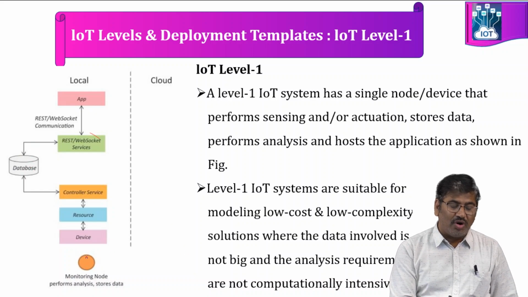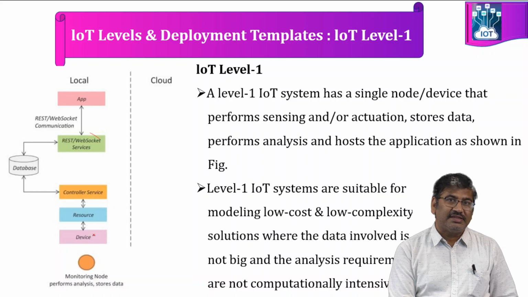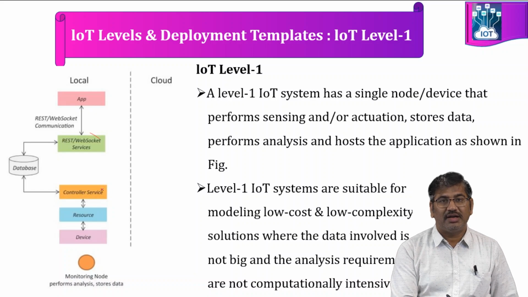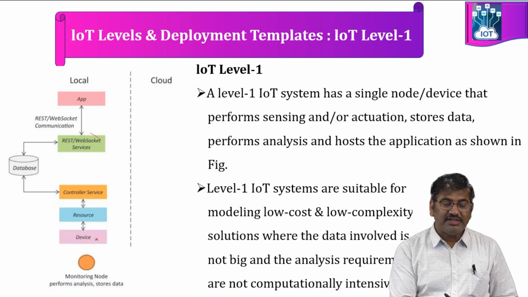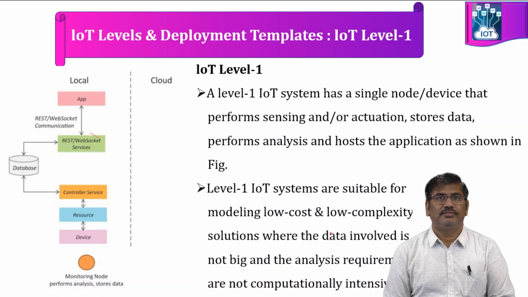Similarly, here we have a monitoring node. This device may be a sensor or actuator, or both sensing and actuating. This will get the data from the resources. From the controller service, we get the information if it is a sensor; if it is an actuator, it receives the commands.